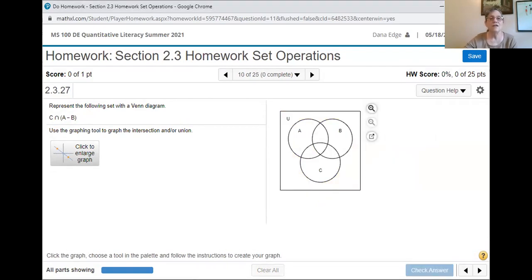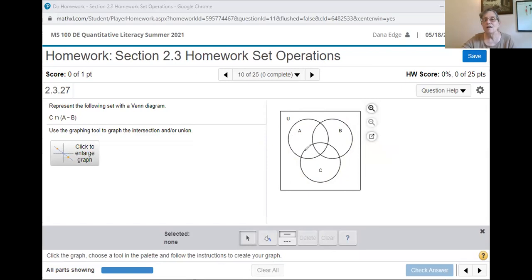What about the intersection of C with A minus B? Here's A. If we subtract the parts of A that are in B, that's going to leave us this part.